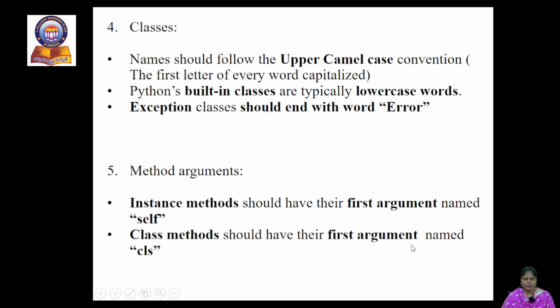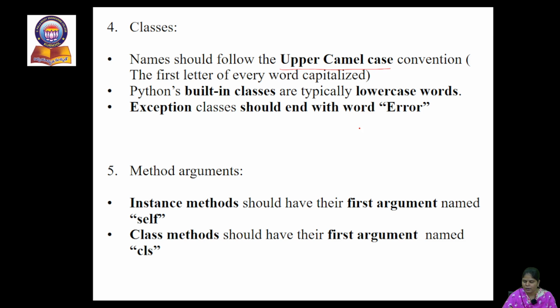And coming to the classes, they should be upper camel case. Upper camel case means that omitting the first character, all the characters should be lowercase. The first character should be what? Uppercase. The first letter of a word should be capital case.